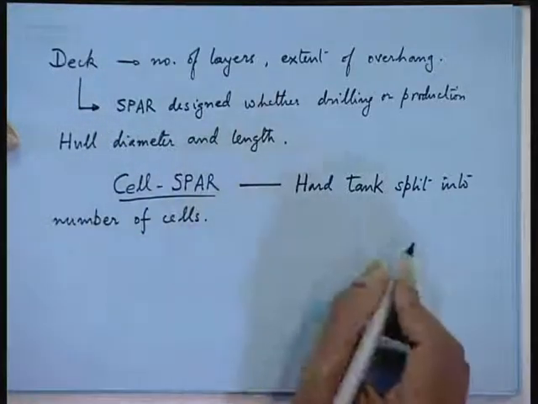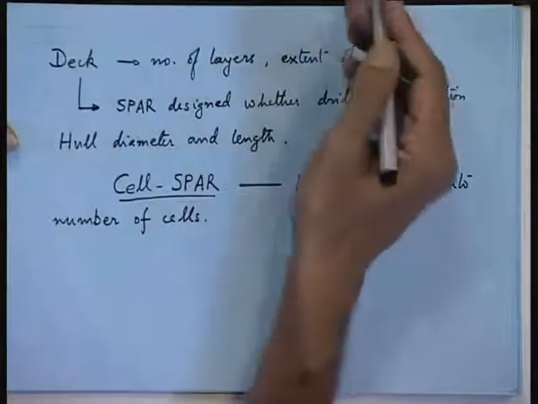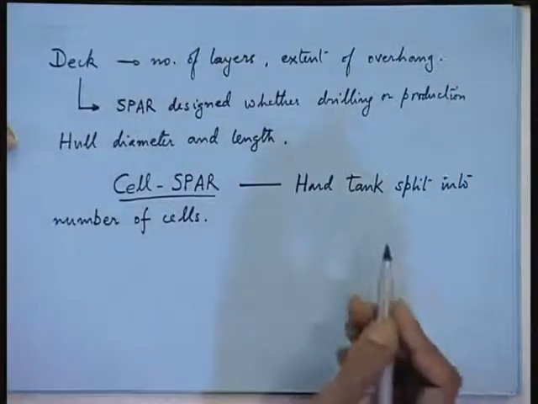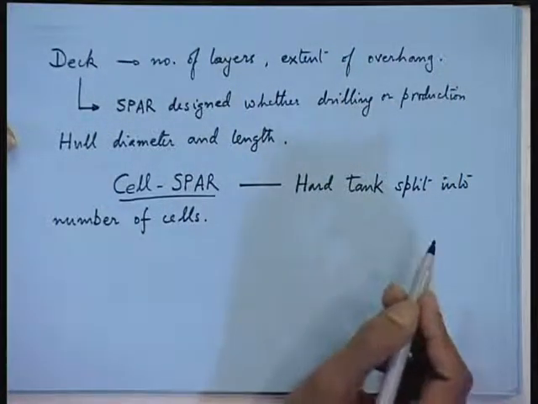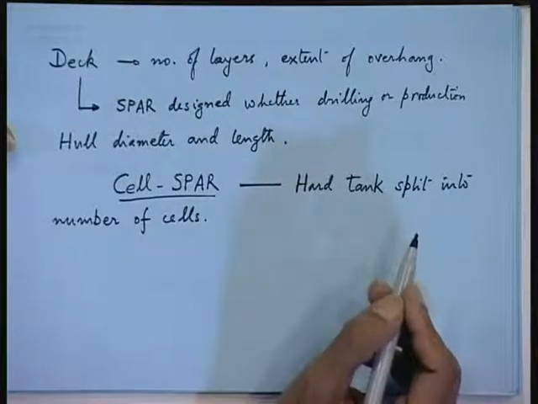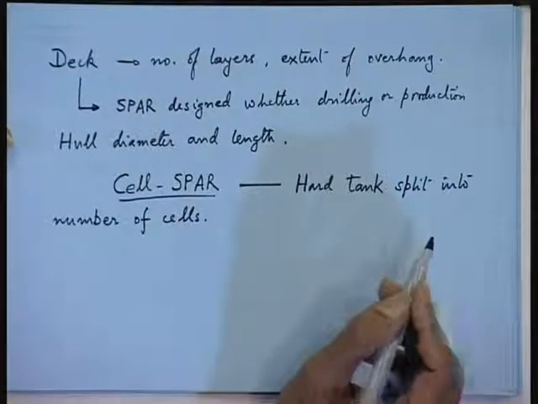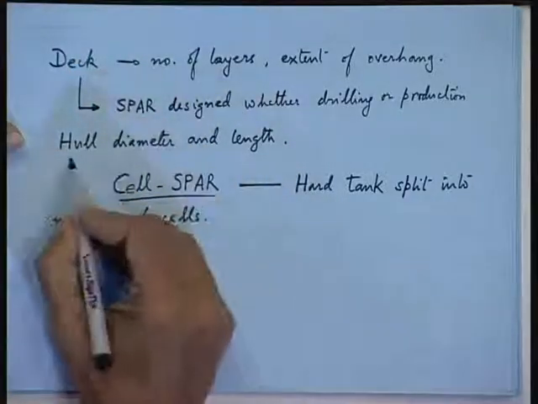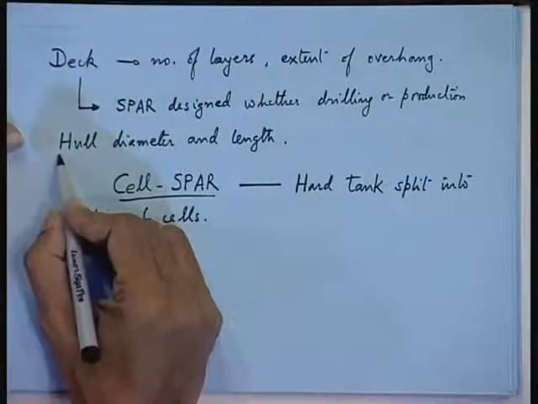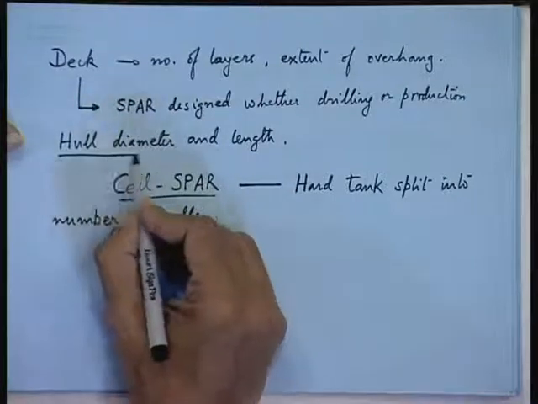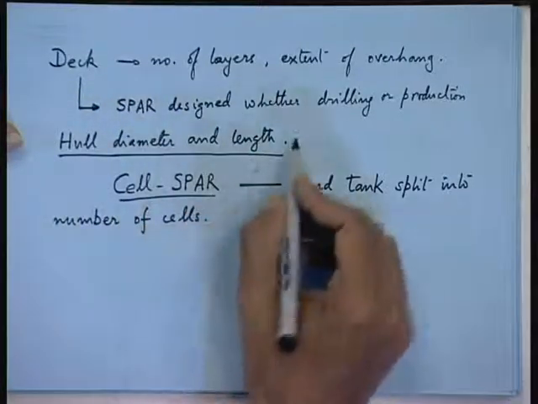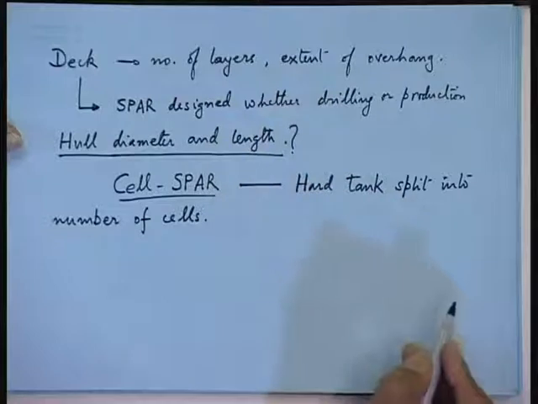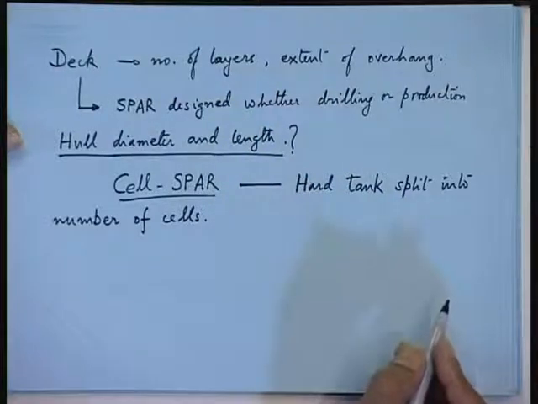Basically you will find three types: classic, truss, and cell, or cellular construction. Here the hard tank, that means the hard tank design, you have to fix this. So how are you going to fix this?